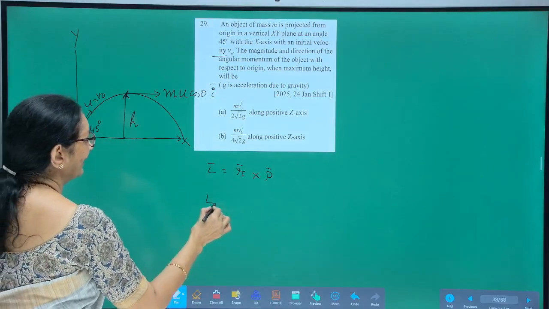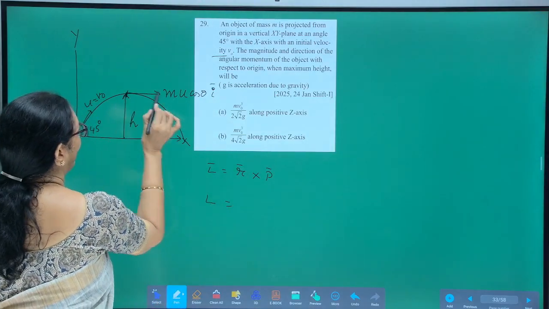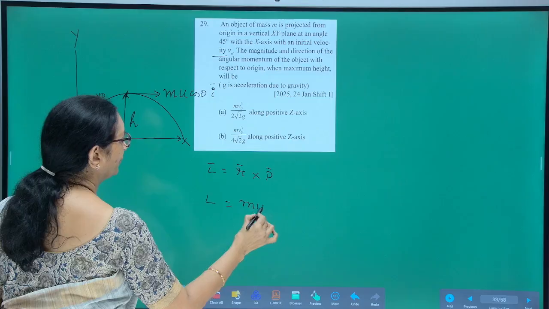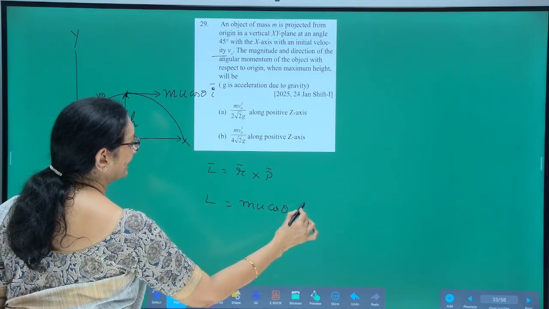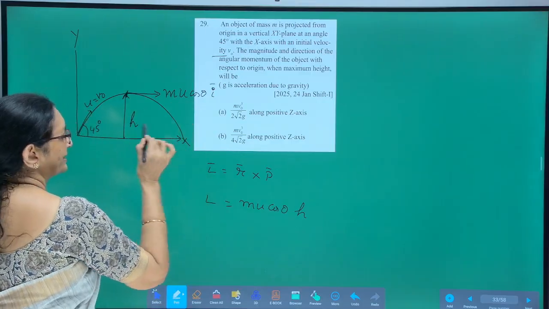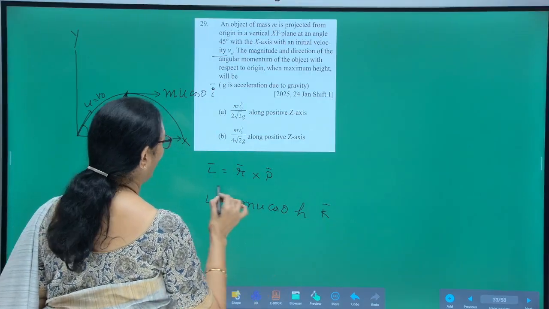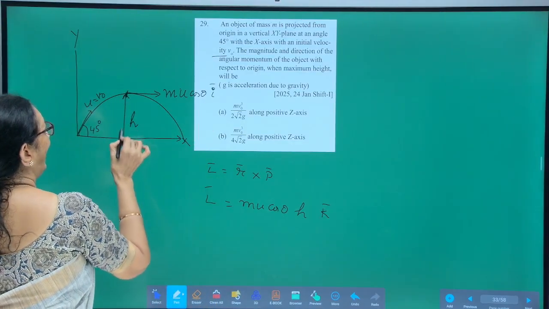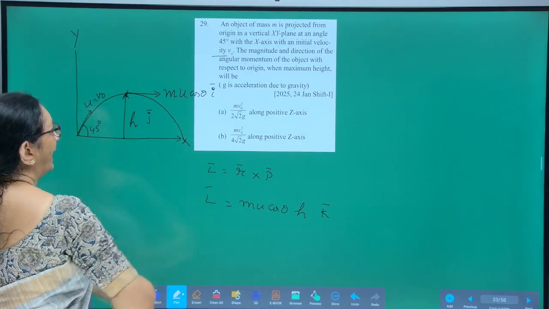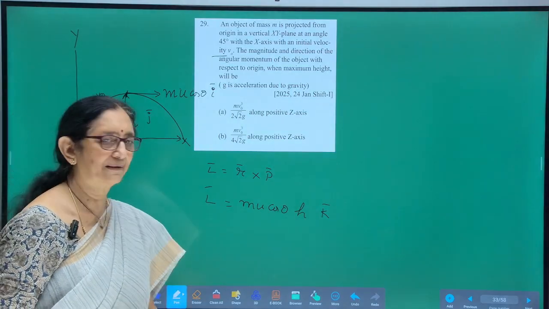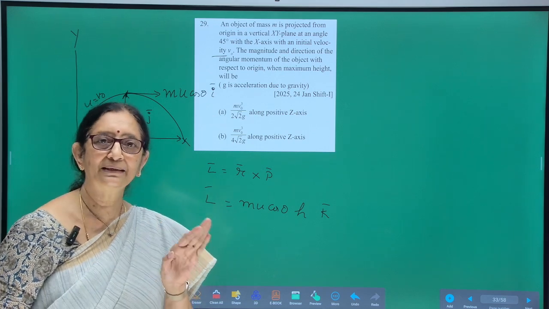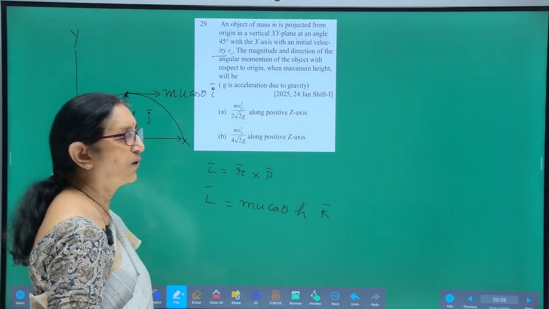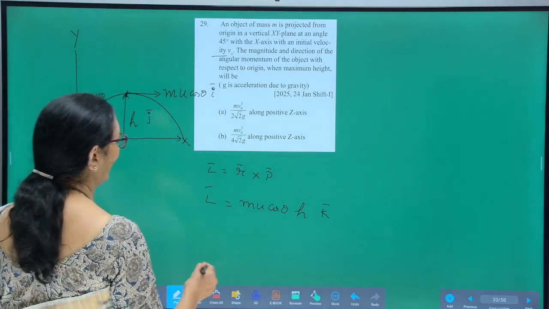So, angular momentum R cross P, that is m u cos theta into perpendicular distance h here, i cross j becomes k bar, because this is i and this is j bar, i cross j is k bar. So, angular momentum of a projectile at the highest point is m u cos theta into maximum height reached.